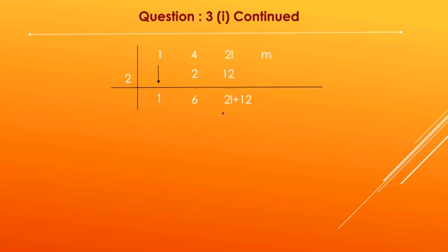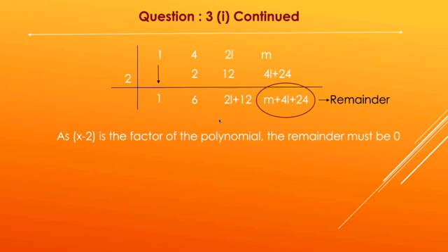When we multiply 12 plus 2l with 2, we will get 4l plus 24. Now after adding these two terms, we will get m plus 4l plus 24. It is the remainder, and we know that as x minus 2 is the factor of the given polynomial, the remainder must be equal to 0.